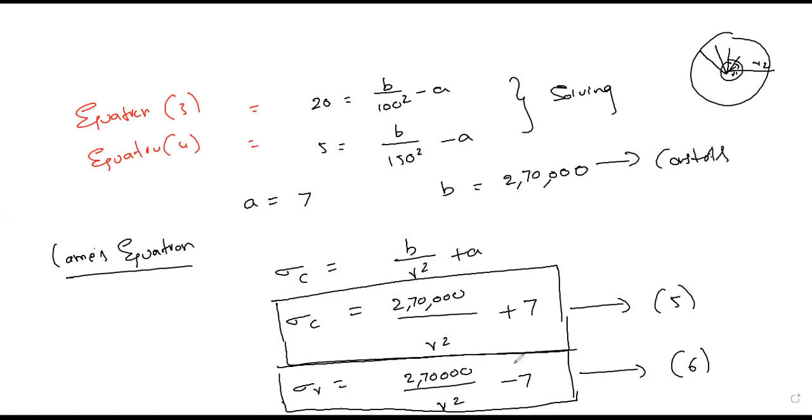That is the reason why we derived these two equations by taking R as a variable. Understand? So now let's take these equations to draw the varying stresses of hoop and radial.